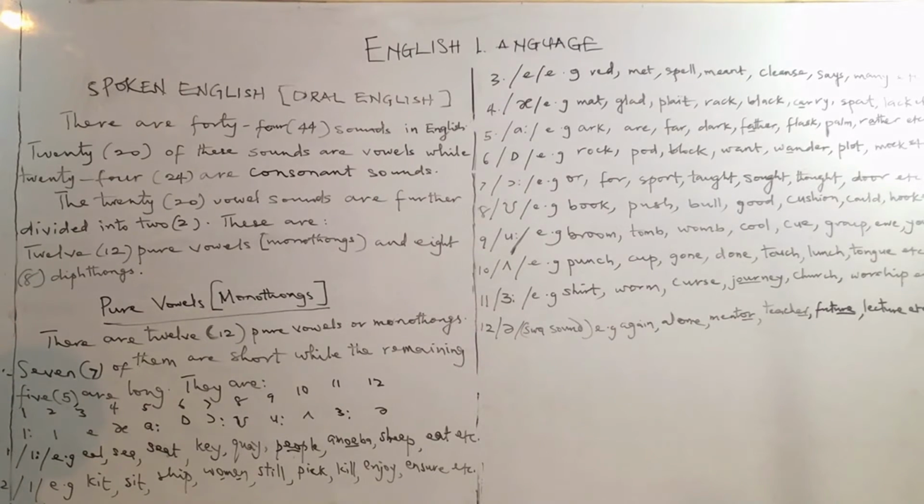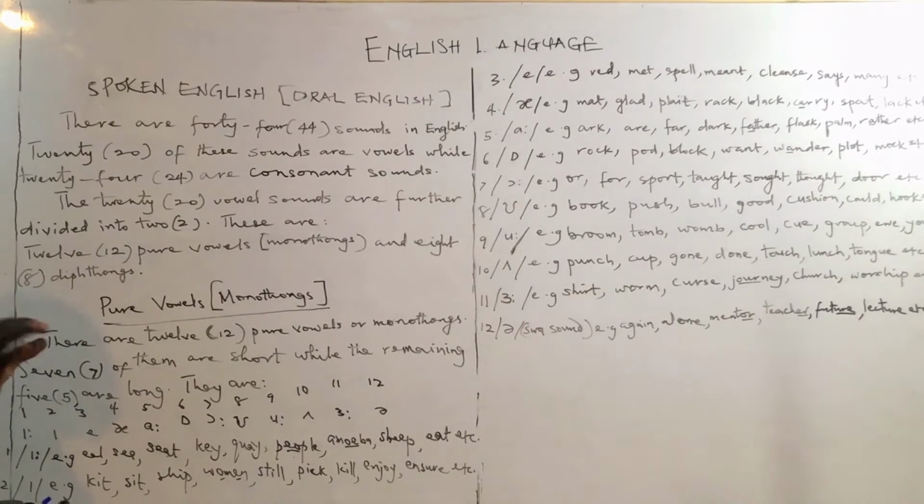All right. It was discovered some years back that the 5 vowels we have in the conventional English alphabet could not cope with the sounds that we have. And what are those vowel letters?